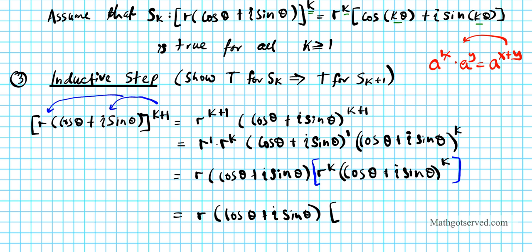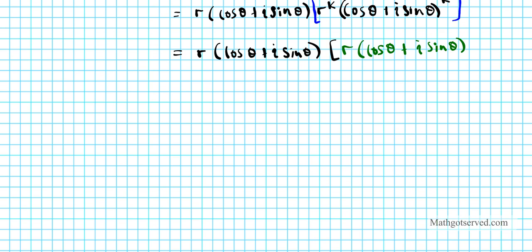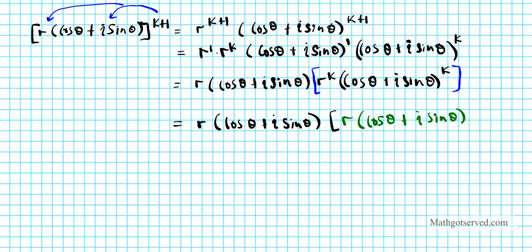After factoring out this power, I'm going to write this as r cosine theta plus i sine theta. Close that, and then we close the entire parenthesis, to the k power. We just use the power of a product property, the reverse, to generate this idea.